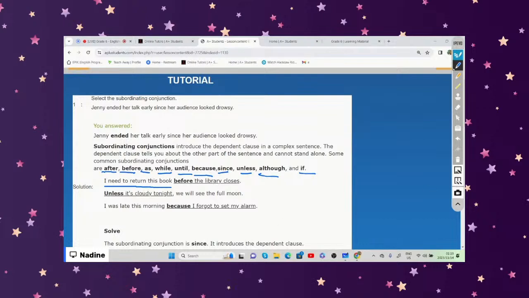The word because is our subordinating conjunction. So because I forgot to set my alarm.